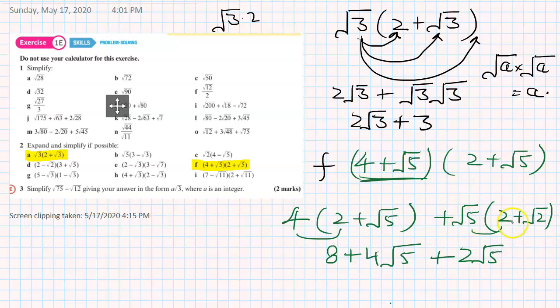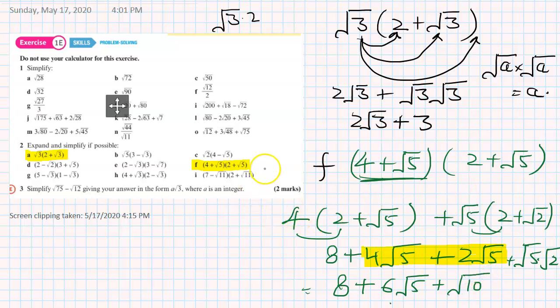We'll not write root 5 and 2, but root 5 and root 2 is root 10. So this is 8 plus 4 root 5 plus 2 root 5. I told you earlier 4 root 5 plus 2 root 5, you take root 5 common, then 4 plus 2, 6 root 5, plus root 5 and root 2 you can multiply, root 10. So this is the answer.